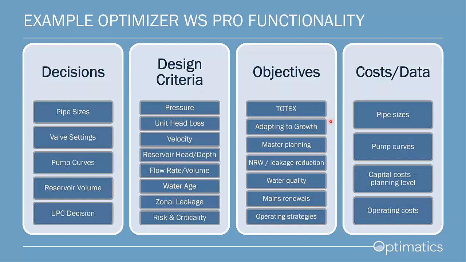Some possible objectives, these are just some examples: for example, whole of life cost, adapting to growth, master planning, leakage, water quality. So there's a range of things we can optimize for. And the cost data, as expected, we need to bring in the cost information to support our various capital infrastructure upgrades. So we need to define how much our new pipes, for example, will cost.